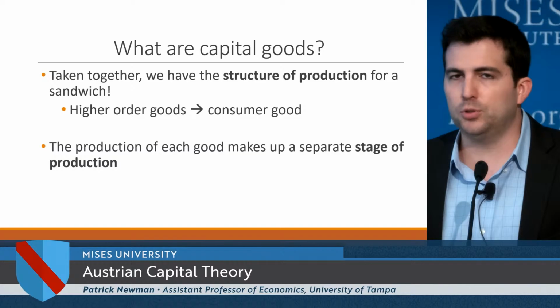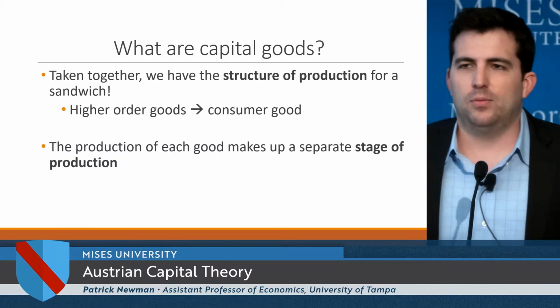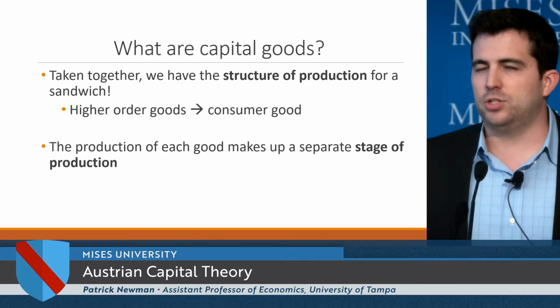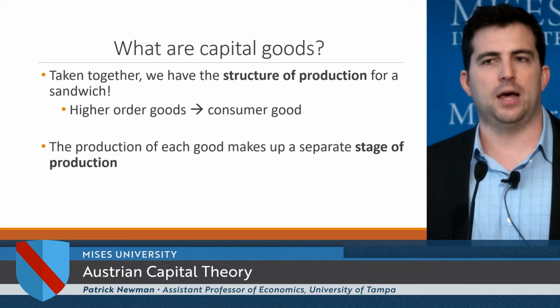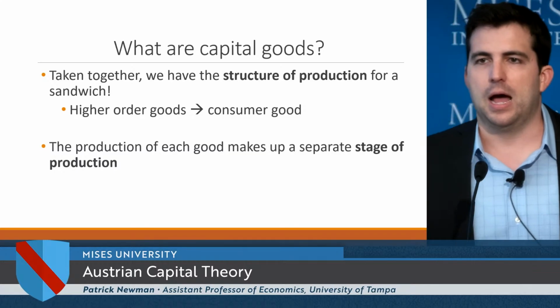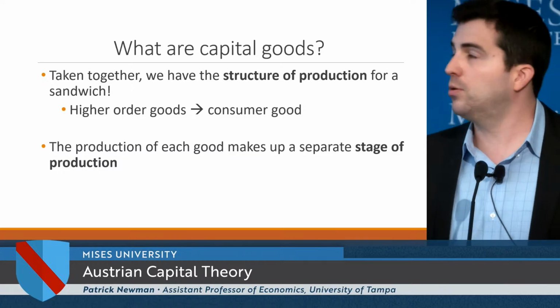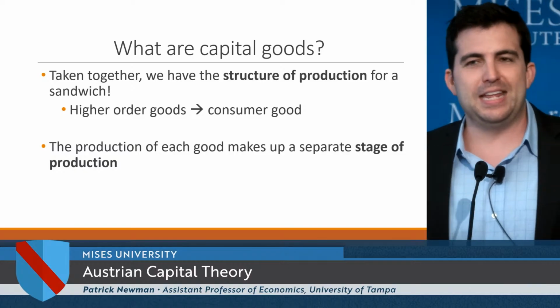It could be a very simple structure of production, or it could be very complicated, right? We think about the technology that is captivating everyone right now, artificial intelligence, right? What's the structure of production for AI, for some sort of large language model, however we want to look at it? It is not very simple.